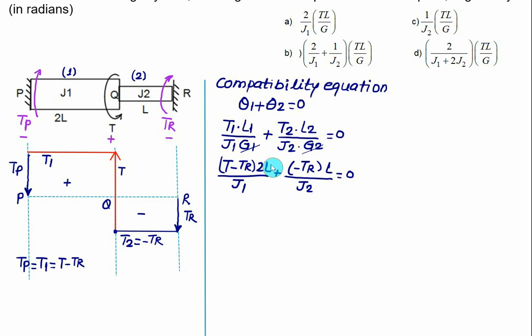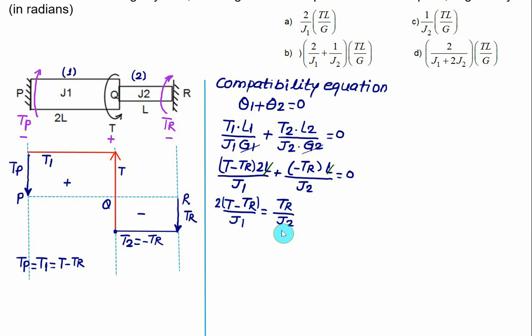At this stage L will get cancelled and this term will shift to the right. So on the left hand side we have T minus TR divided by J1. This value will become positive, TR by J2, and we are left here with 2. So that 2 will multiply in the numerator. So let's expand it and solve this, and then we have to prove this equation.